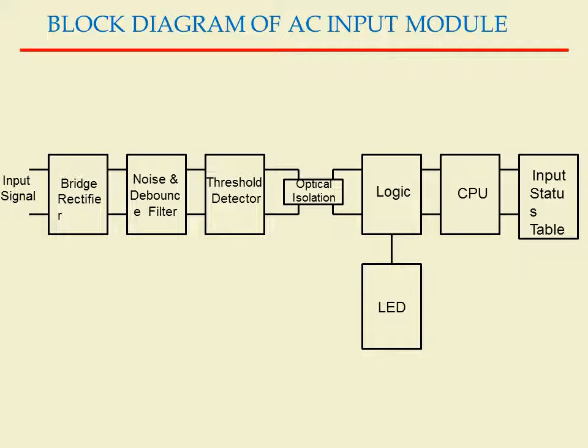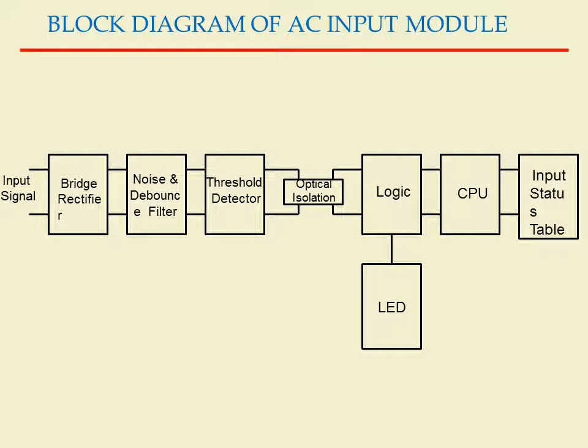The bridge rectifier will convert the AC input signal to the pulsating DC, then the filter will filter out the unwanted AC components. Threshold detector is used to detect the voltage within the thresholds required for the logic circuitry, and there is optical isolation between the threshold detector and logic circuitry instead of the direct electrical connection.